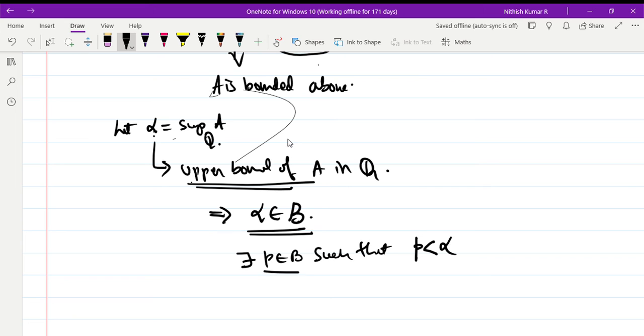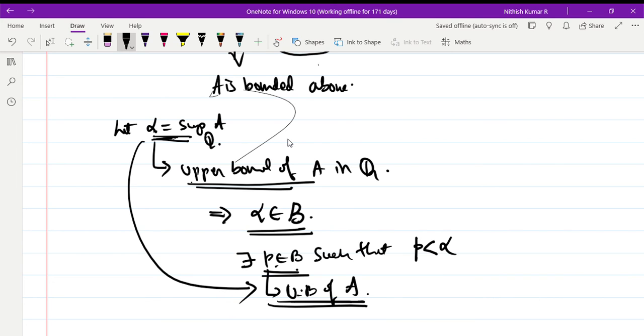Now P belongs to B implies P is an upper bound of A. Now P is an upper bound of A, and alpha is the supremum of A, that means it's the least upper bound of A. Therefore, their relation must be alpha less than or equal to P, but we have P less than alpha.